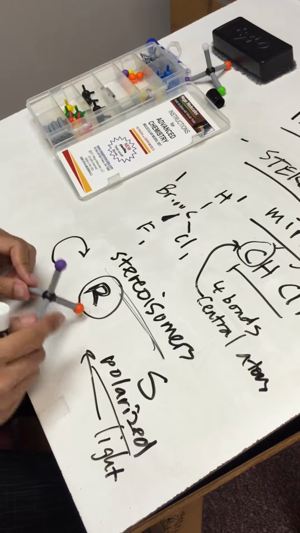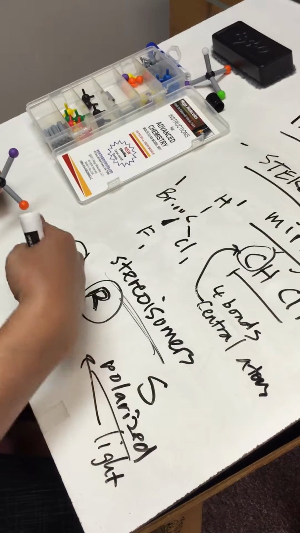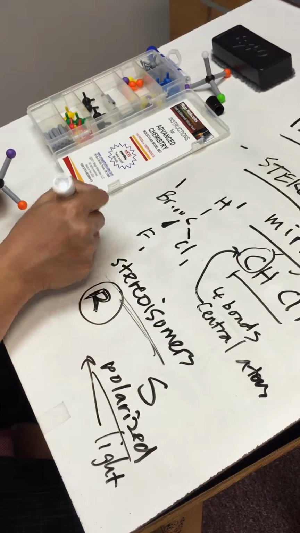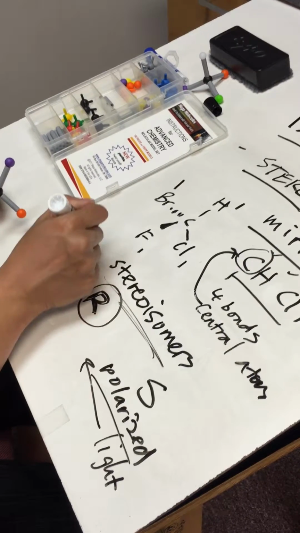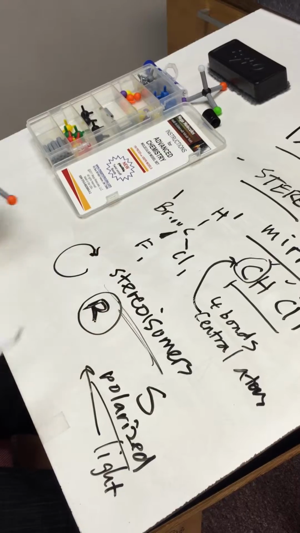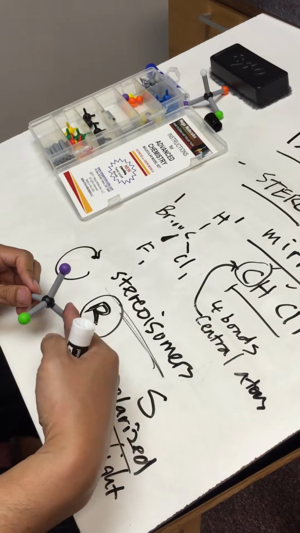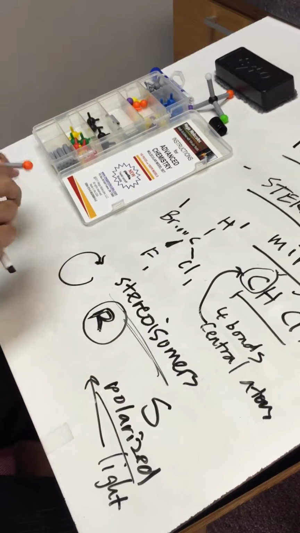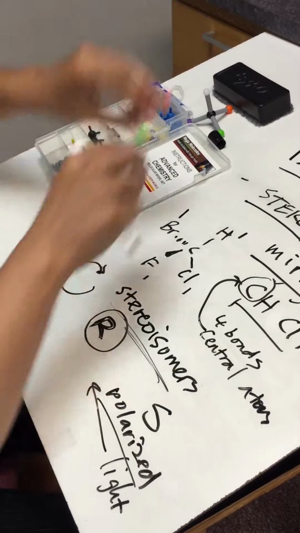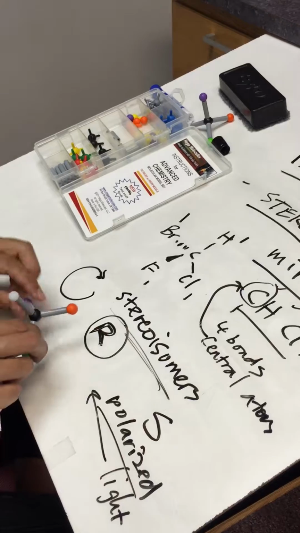So let's say the R isomer is going to turn the polarized light clockwise. Clockwise, right? So the light goes in and it will turn clockwise. What if you replace this sample? Let's say you don't do this to the R isomer.